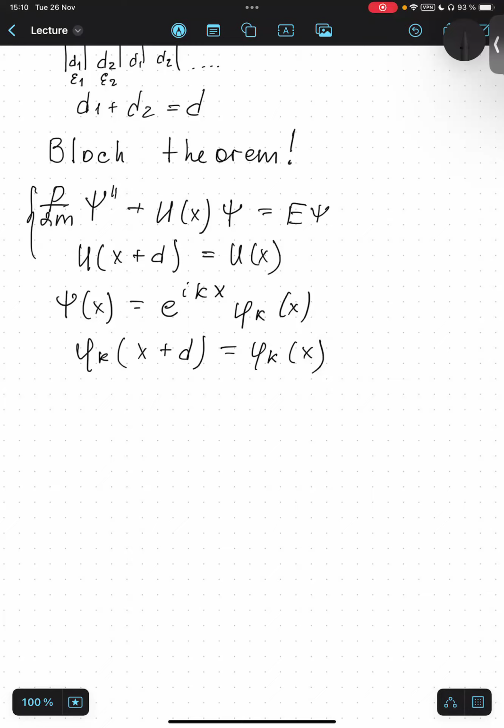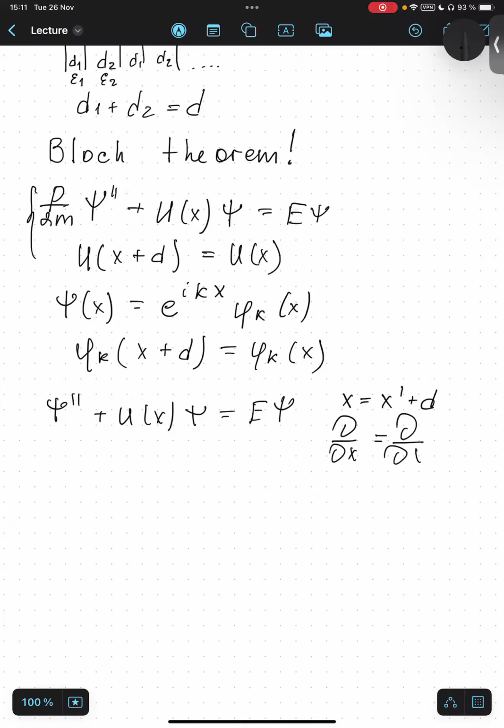Let's consider the same equation, minus h-bar squared over 2m psi double prime, plus u of x psi, equal to e psi. Here we can substitute such a relation: x prime equal to x plus d. So the derivative over x is equal to the derivative over x prime. Let's substitute it.